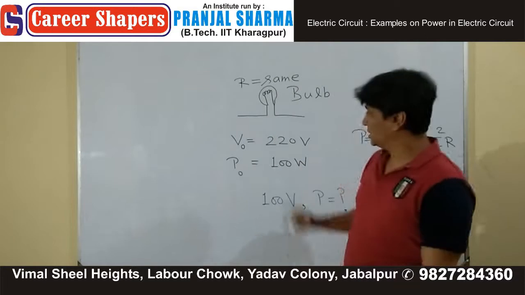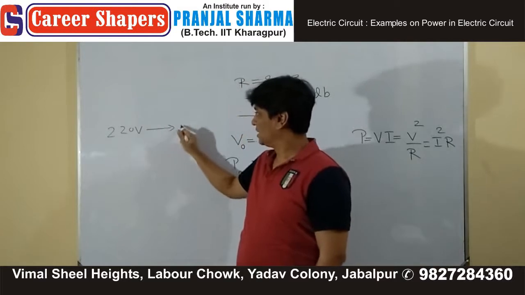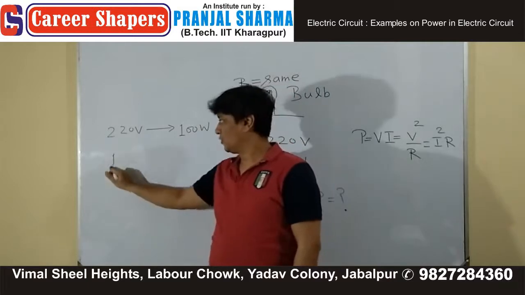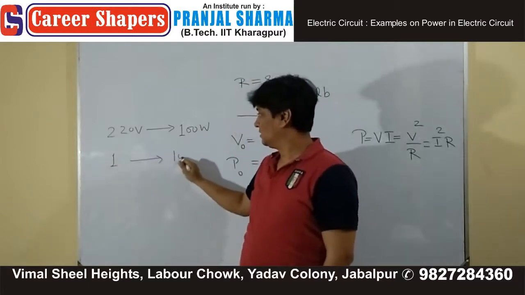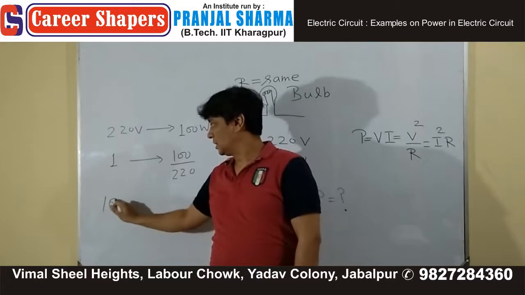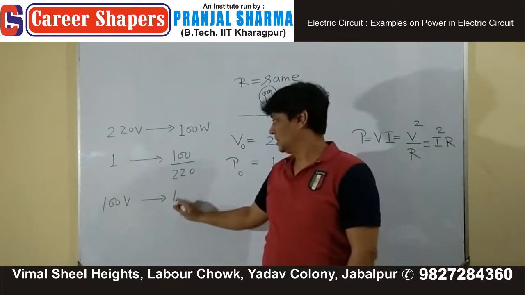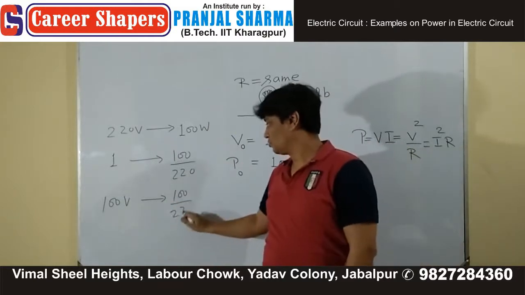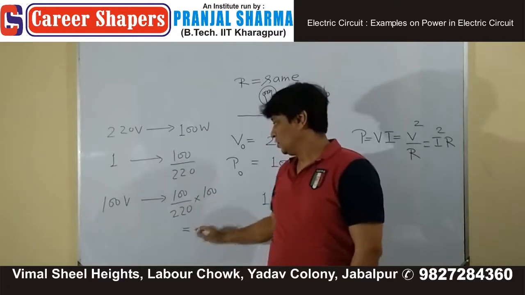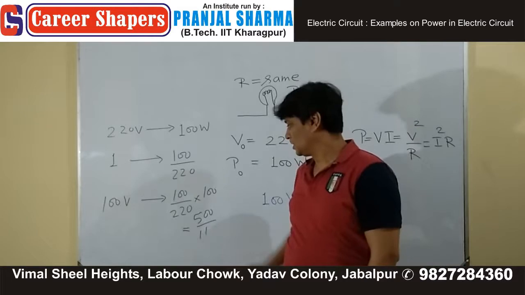The logic you're using is: 220 volts is giving us 100 watts, and therefore 1 volt will give us 100 upon 220, and therefore 100 volts will give us 100 upon 220 multiplied by 100, which is the one you have produced, 500 upon 11.